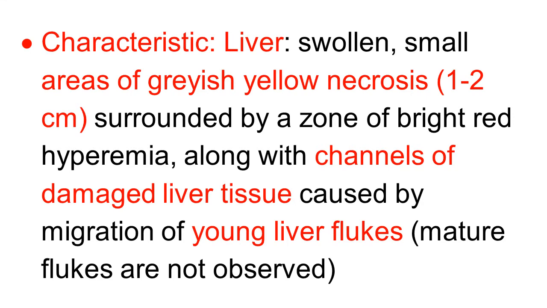This necrosis and hyperemia is observed along with channels of damaged liver tissue. These channels are caused by migration of young liver flukes. The mature flukes are not observed.